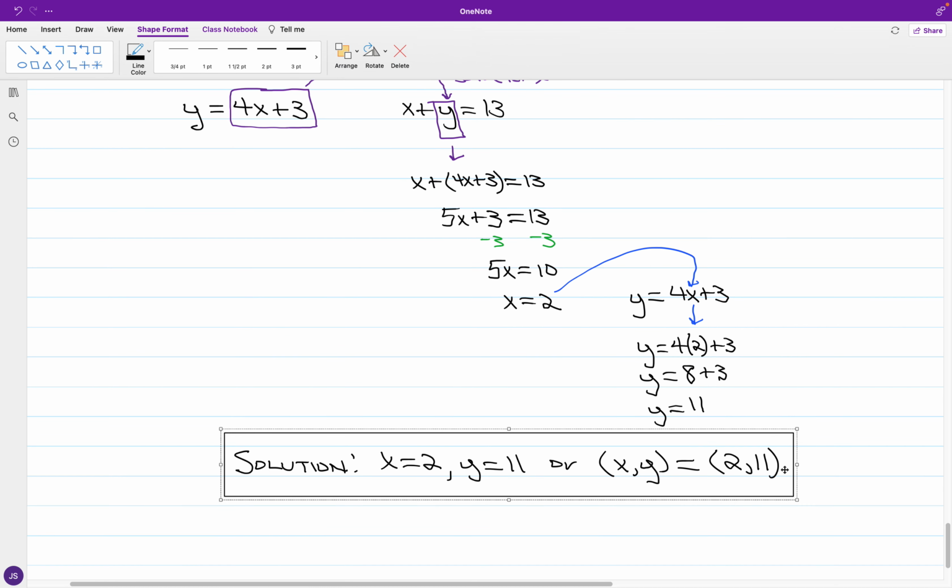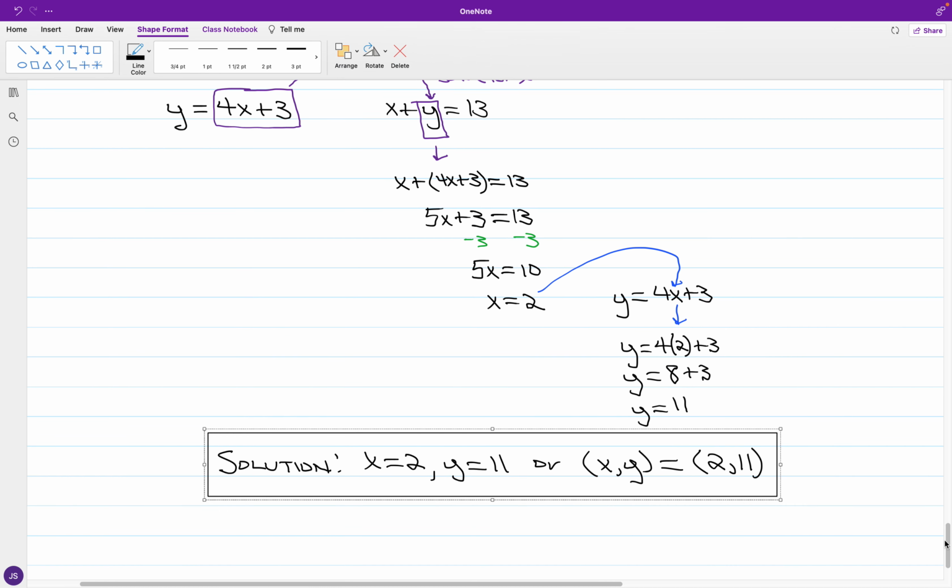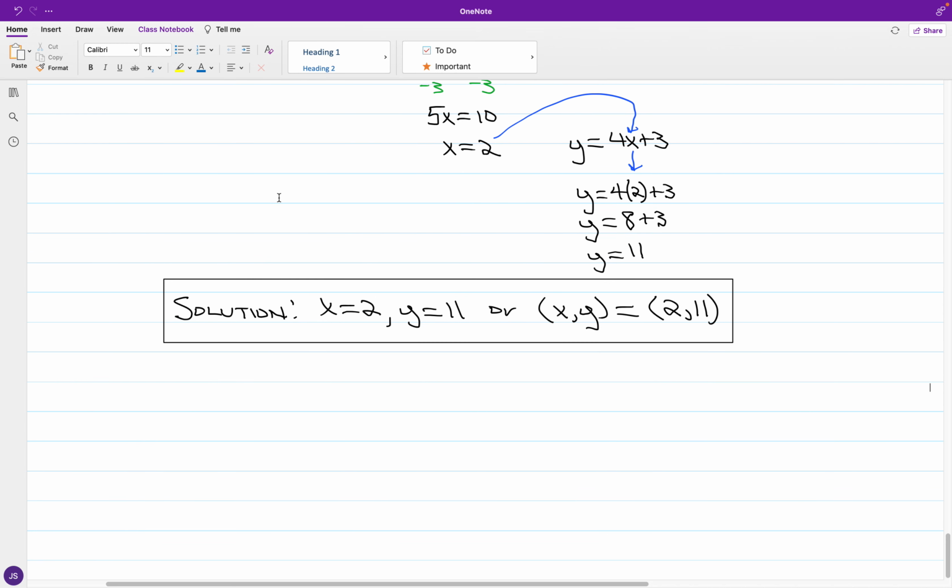Okay, now let's say we cross over to the realm of systems of nonlinear equations.